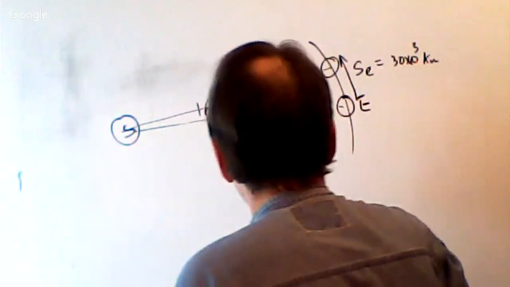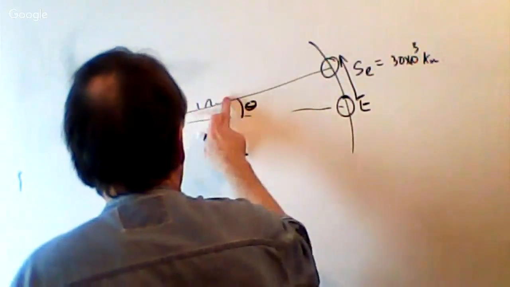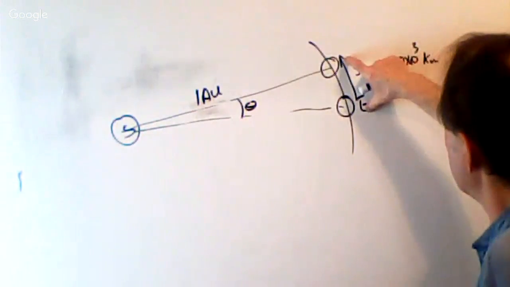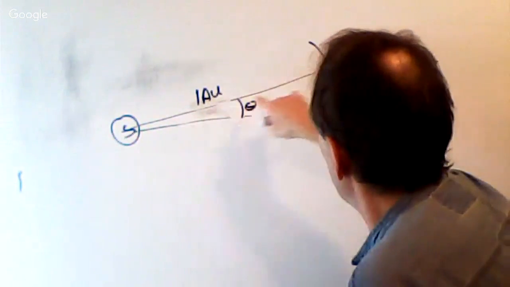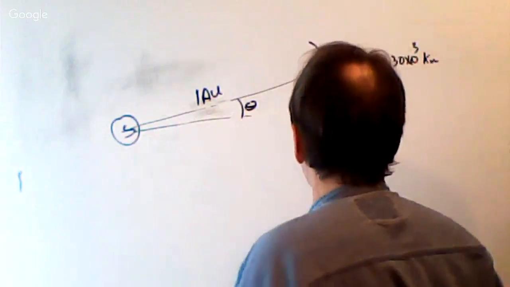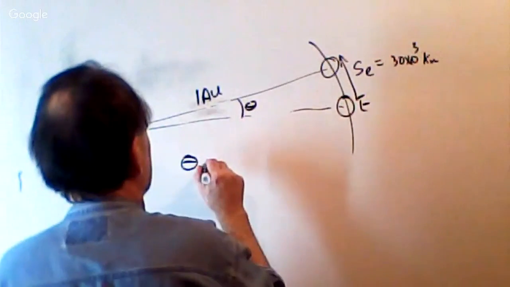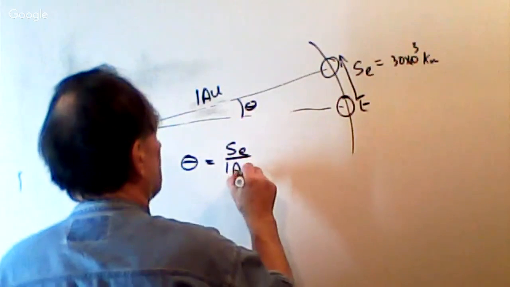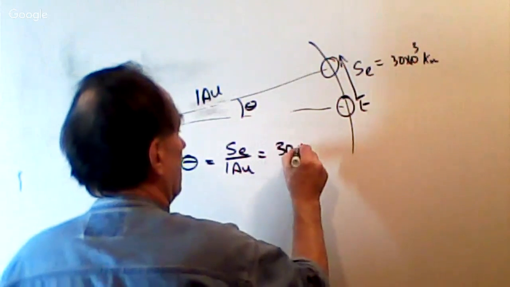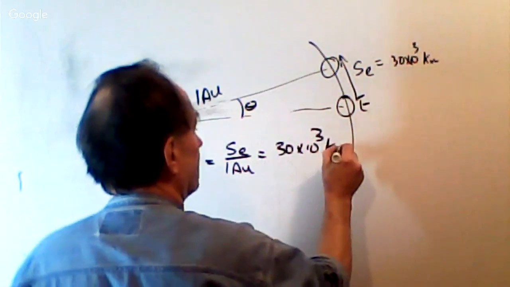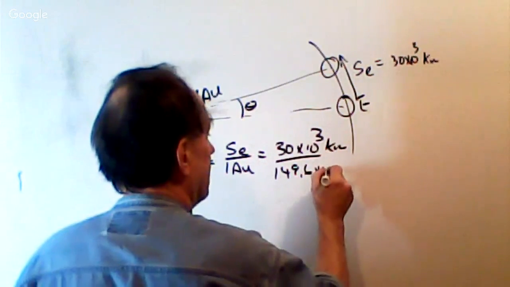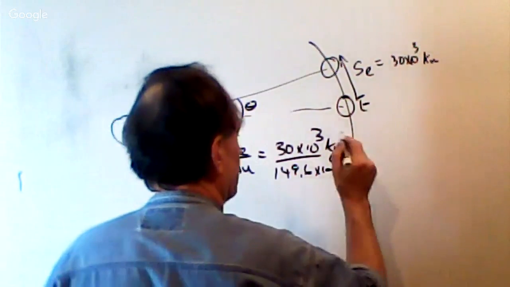Angle theta is just the ratio of the distance that the Earth has traveled to the distance to the sun, which is 1 astronomical unit. So theta in radians will just be SE over 1 astronomical unit, or 30 thousand kilometers over 149.6 million kilometers.